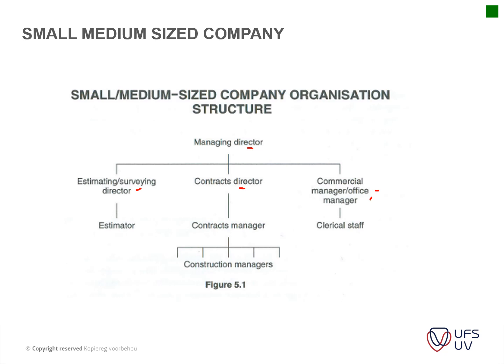And then you have your estimator, surveyor, and an estimator maybe underneath him. So he's usually involved with the BOQ and so on. Whereas your contracts director will have contract managers, and underneath him the construction managers on site. So your estimators usually do the bill section, and your contracts director or contracts manager usually completes the tenders that will be sent to the managing director for final sign-off.